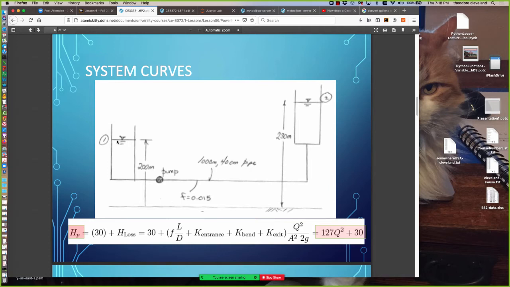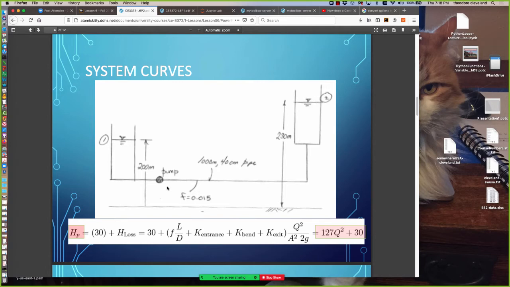Here we have a reservoir whose pool elevation is 200 meters, attached to reservoir 2, whose pool elevation is 230 meters. So there's 30 meters of lift required to raise water from reservoir 1 to the top of reservoir 2.